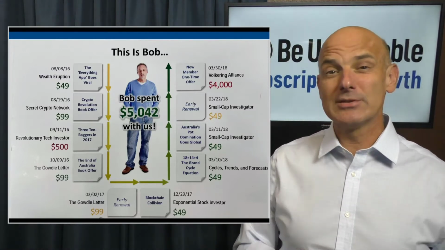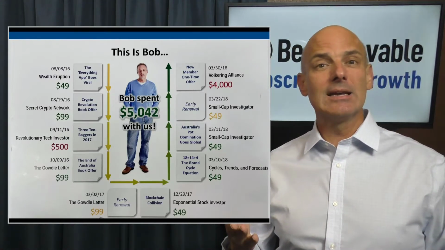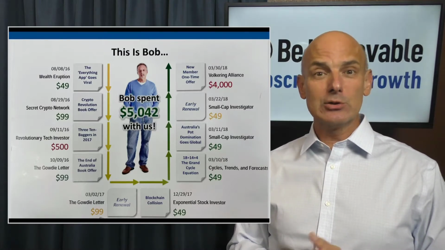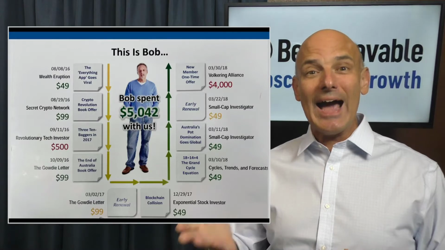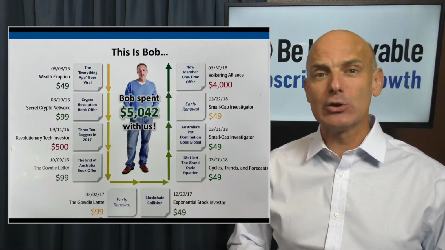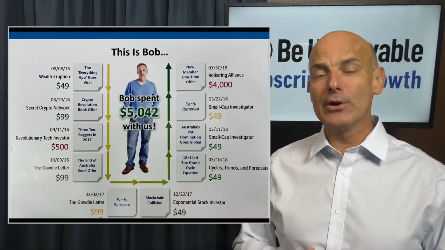I think that's how you pronounce that. So you can see that the bulk of Bob's total value of $5,042 was actually a couple of years after his initial purchase, and a lot of it came with one $4,000 purchase.